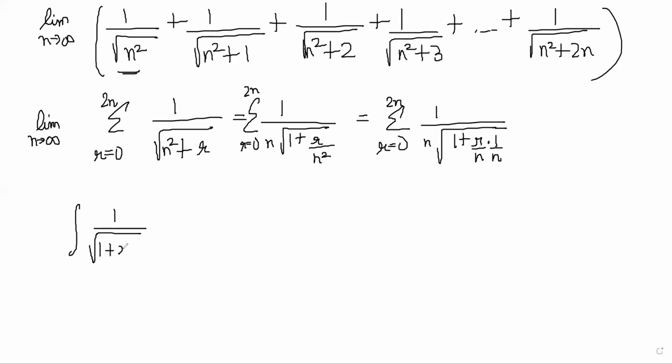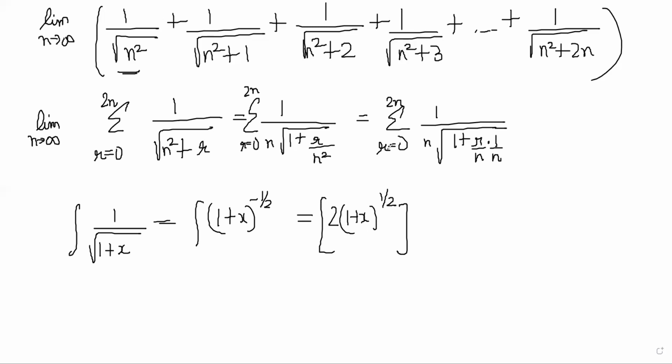1 plus 1 by x integral. Can we do this integral? This is straightforward, right? It is 1 plus x to the power minus half integral. So the integral of this is 1 plus x to the power half and 2. And the limits: when r goes 0, the lower limit is 0, r by n goes 0 to 2.